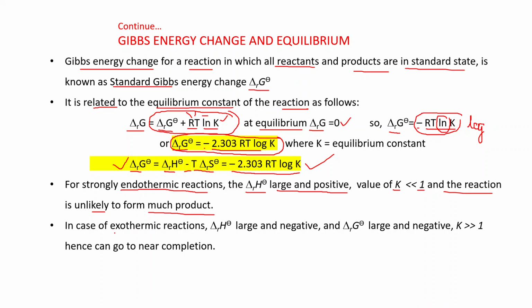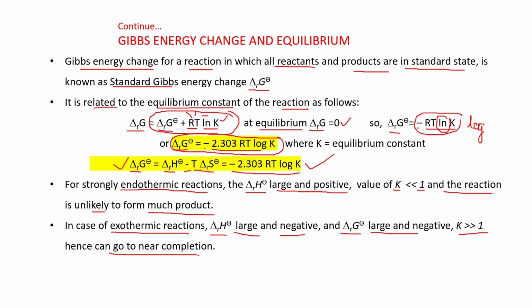On the other hand, in the case of exothermic reactions, the standard enthalpy change of reaction is large and negative, and the standard Gibbs energy is also large and negative, and the equilibrium constant is greater than 1, hence the reaction can go to near completion.